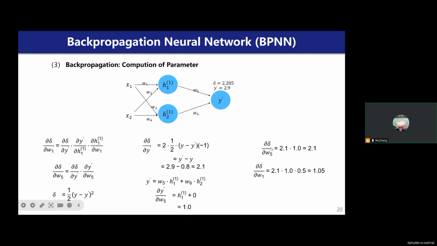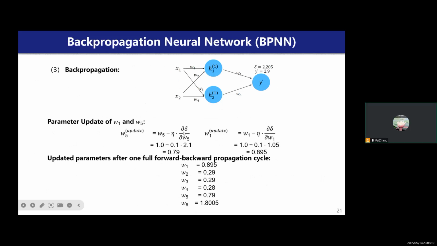The error with respect to w5 is 2.1, and the error with respect to w1 is 1.05.